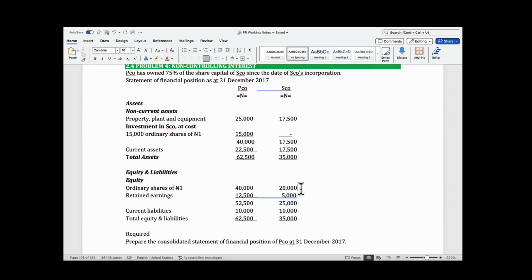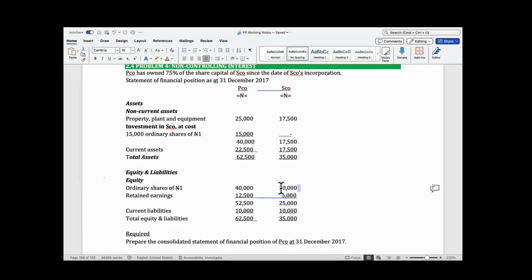And the parent is given options on how to measure it. He can leave the 5,000 as it is, because we got that 5,000 by using a proportionate share.